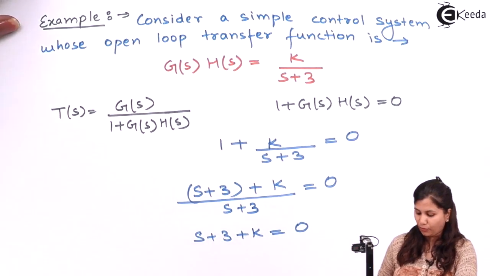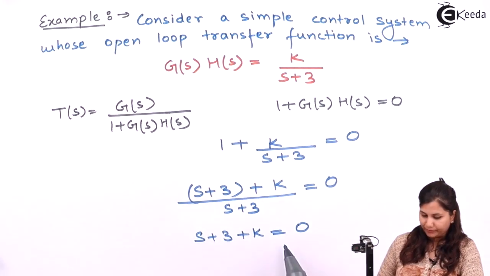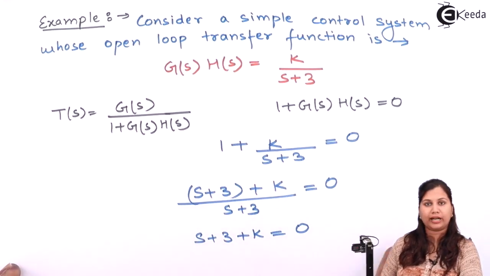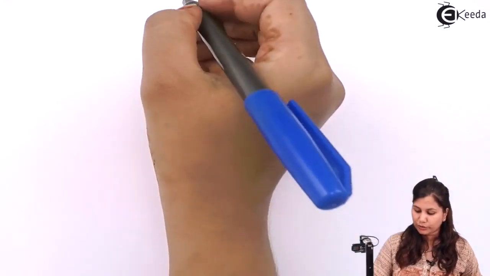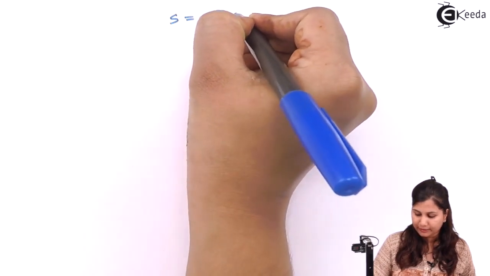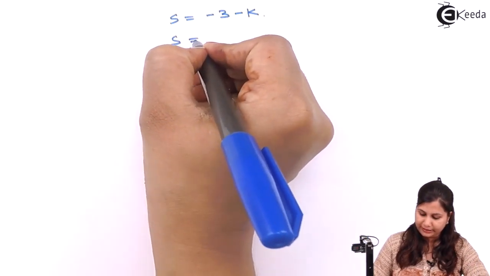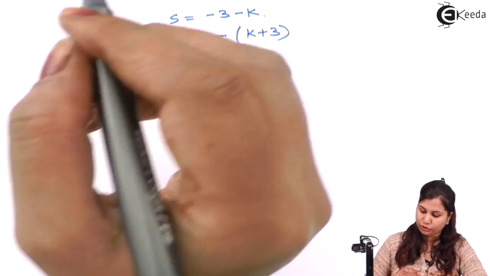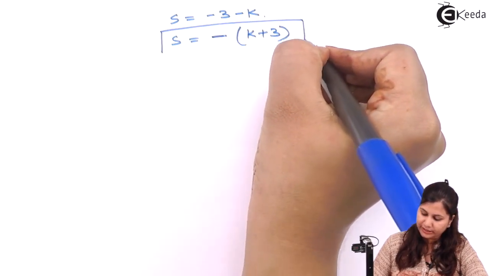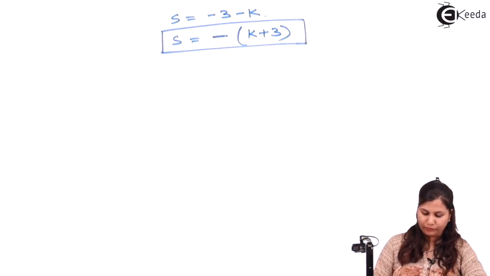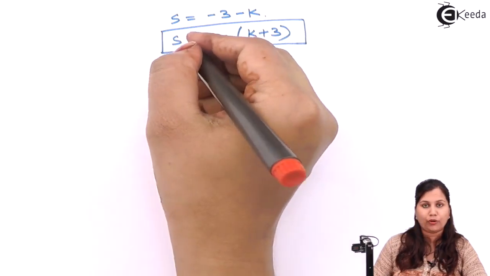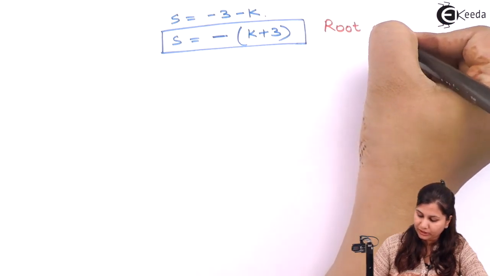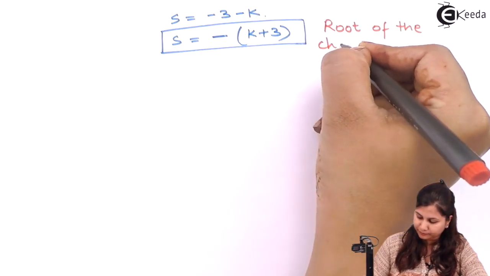Let's obtain the value of s. It will be minus K minus 3, because if we shift this 3 plus K to the right hand side, the sign gets changed. So s equals minus 3 minus K, or we can write it as minus (K plus 3). This is the root of the characteristic equation, because we are getting the value of s from the characteristic equation, so it is known as the root of the characteristic equation.